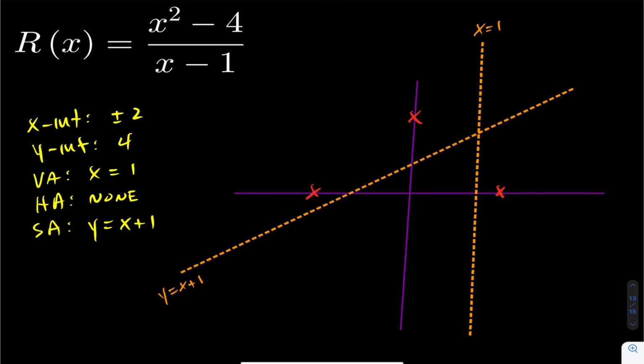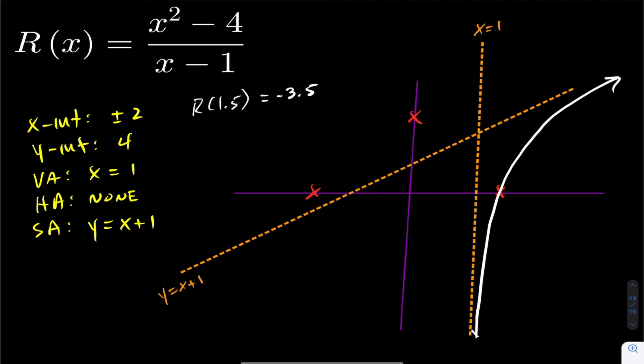So since both of these are a possibility, what I'm going to do instead is I have x of 1 and this is x of 2. I'm going to evaluate the function r at 1.5 and see whether I'm above or below the x-axis. So evaluating this at 1.5, we end up getting negative 3.5. So that means this is coming from below. So the graph is going to go here, cross through, and then tend towards my slant asymptote.